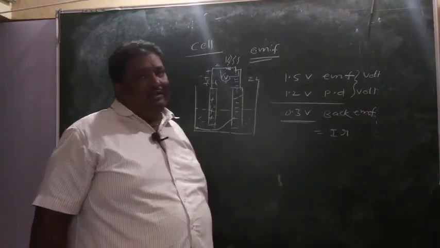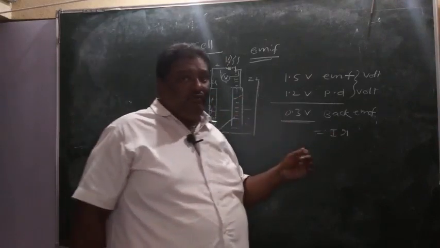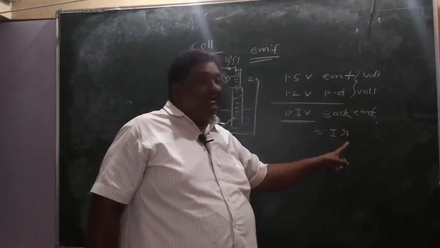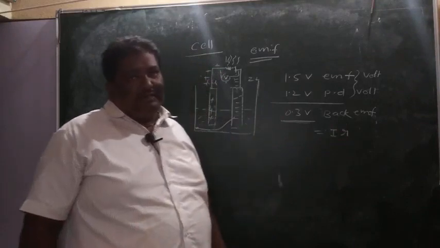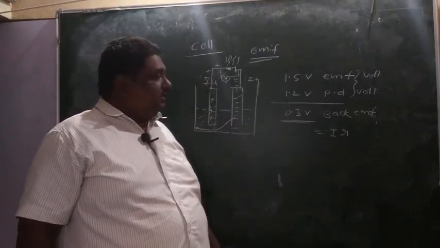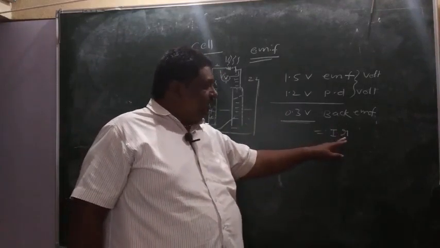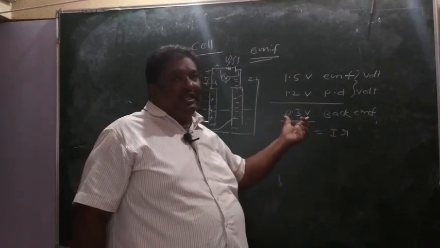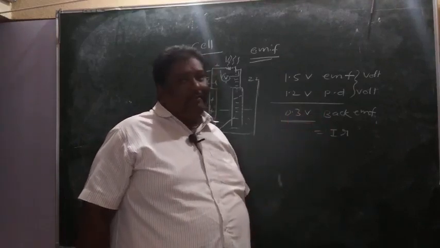That cause of the lost voltage is called internal resistance. Because of this internal resistance, this voltage is lost. That voltage is called back EMF.